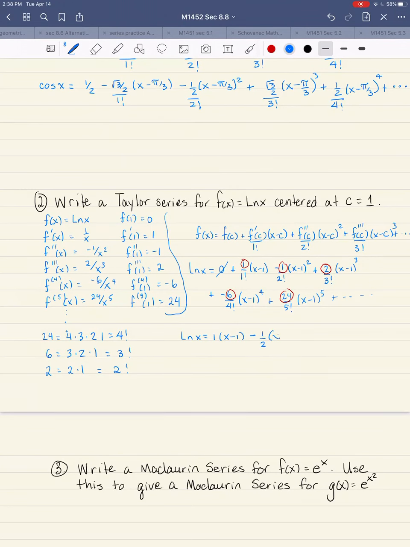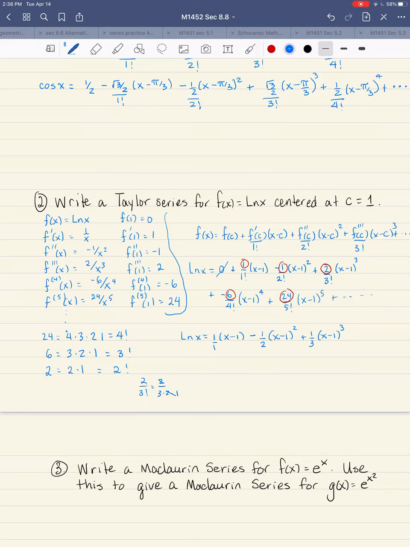Then 2 divided by 3 factorial: if I take 2 and divide it by 3 times 2 times 1, that's just 1/3, so I get a plus 1/3 here.